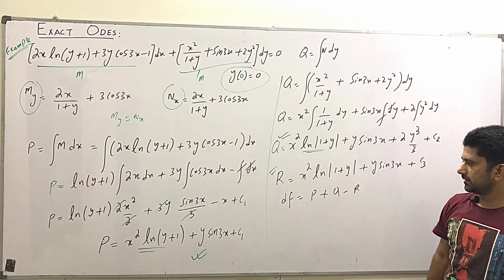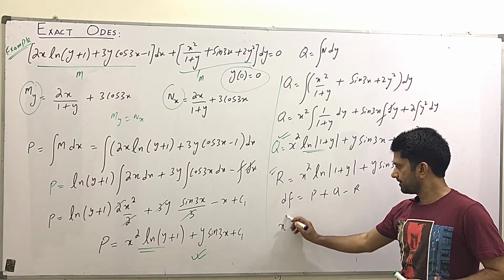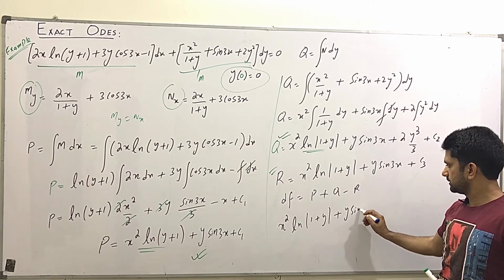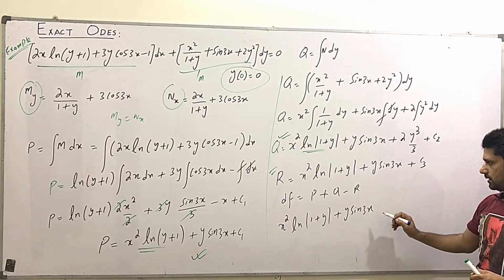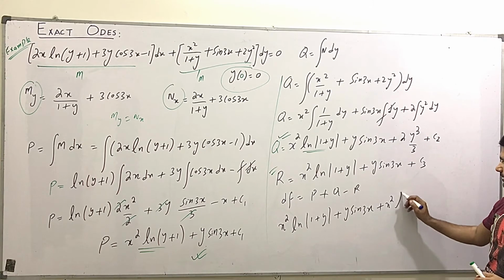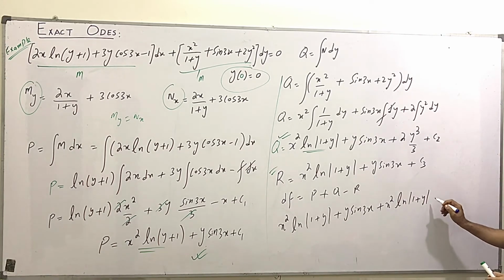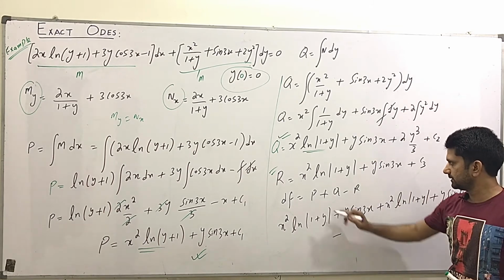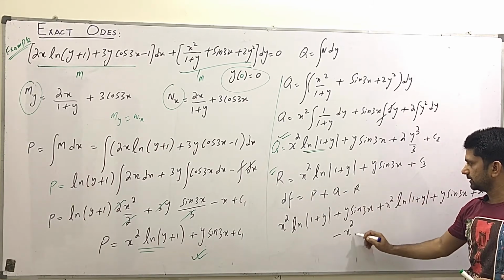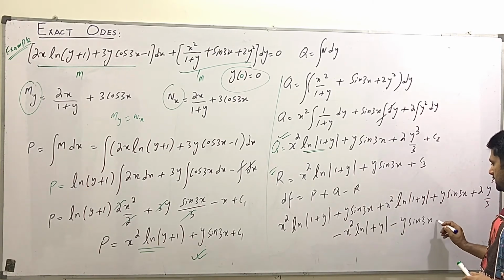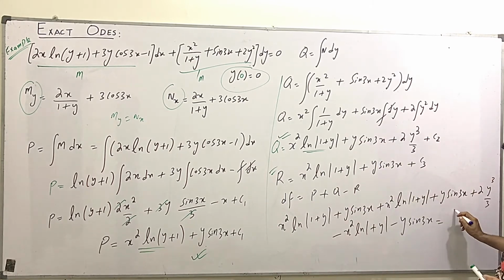P is x² ln(1+y) plus y sin 3x, and Q is x² ln(1+y) plus y sin 3x plus 2y³ upon 3 minus R. So minus, we operate with this, we have minus x² ln(1+y) minus y sin 3x, and equals c1, c2, c3, we write only one c.